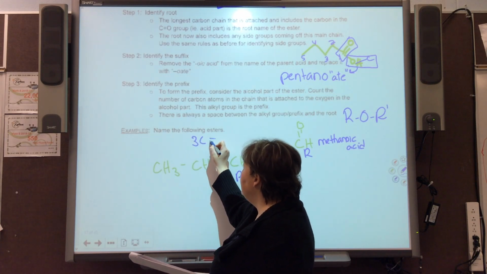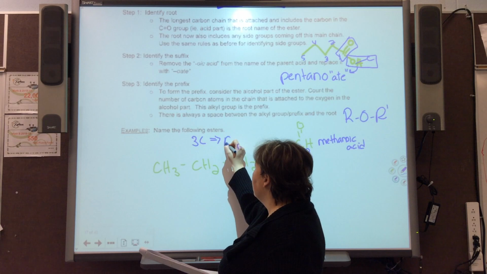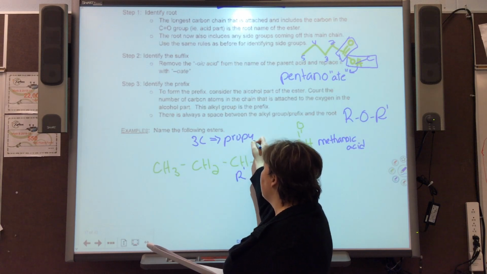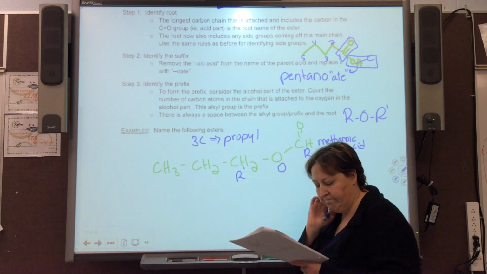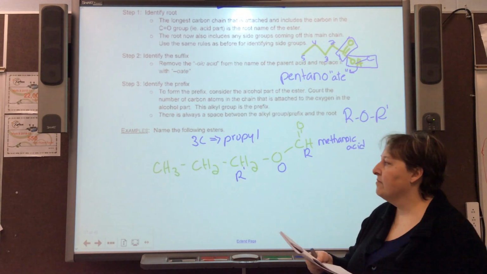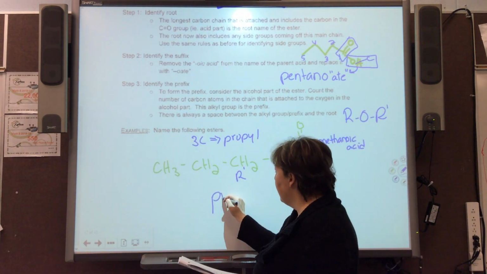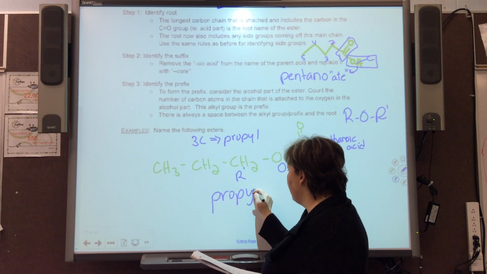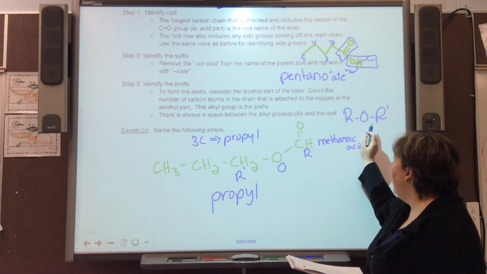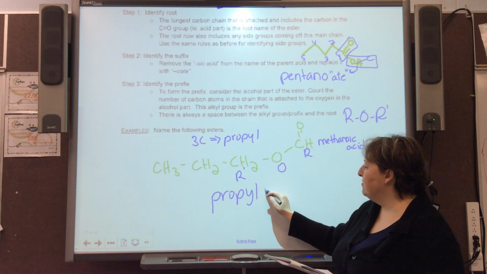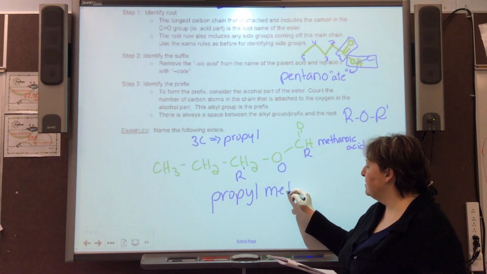So 3 carbons is propyl, right? So this becomes our prefix. And then our R group becomes our suffix, or our root.